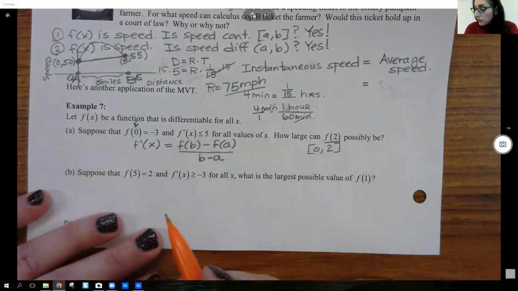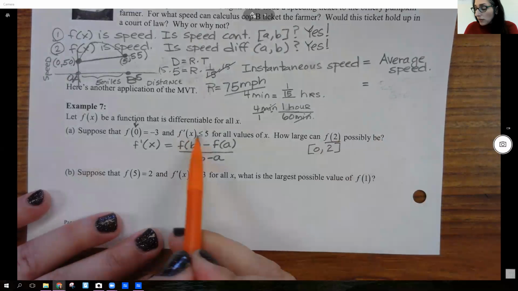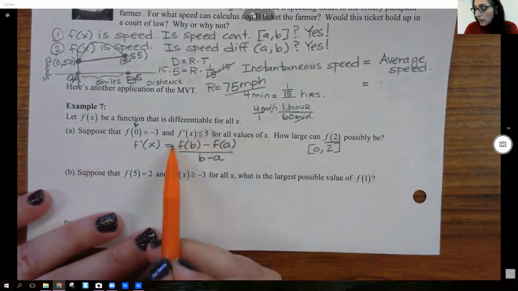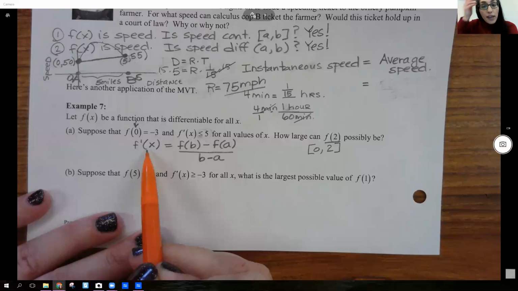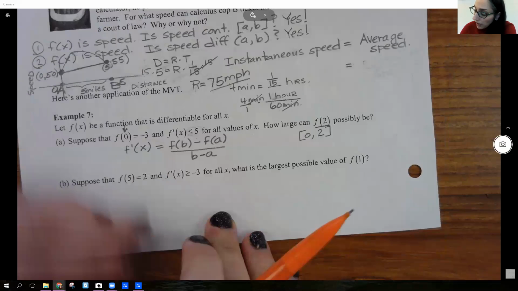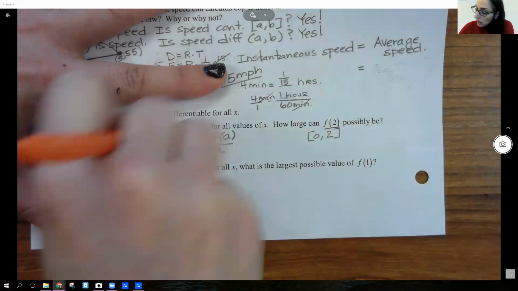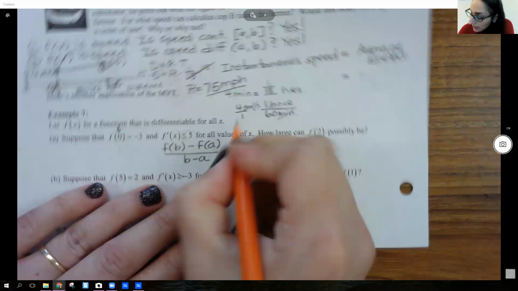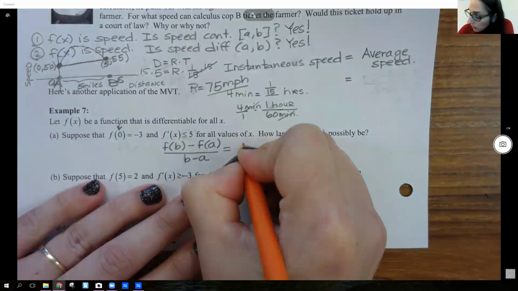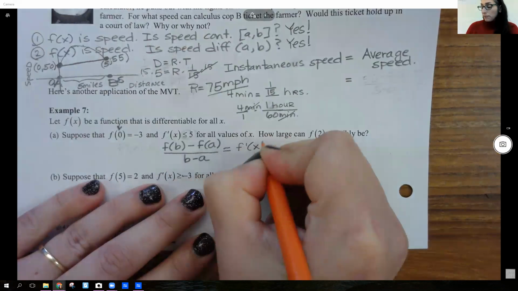Since we have an inequality here, you have to do this less than or equal to 5 part right here in the equation. If it helps you, rewrite your mean value theorem equation using the equal sign on this side and the f prime of x like that. That might help.